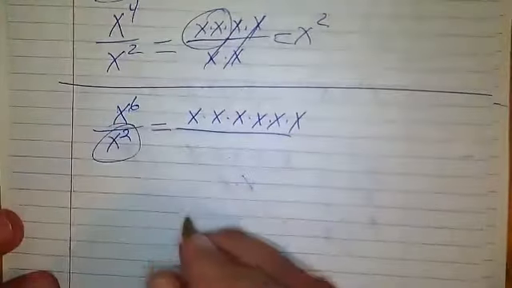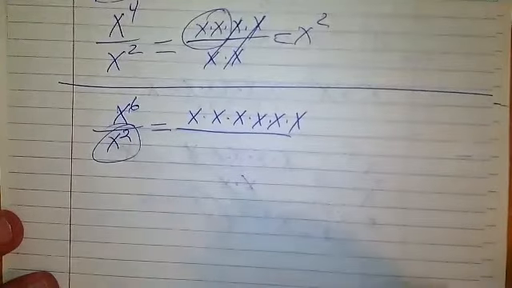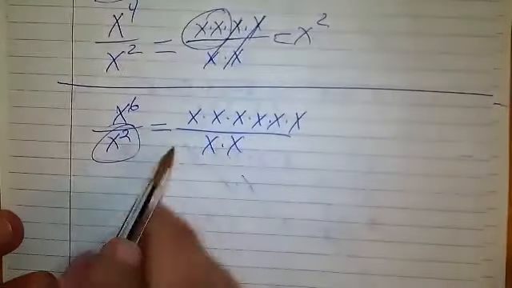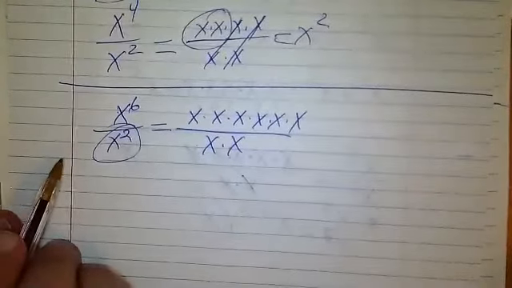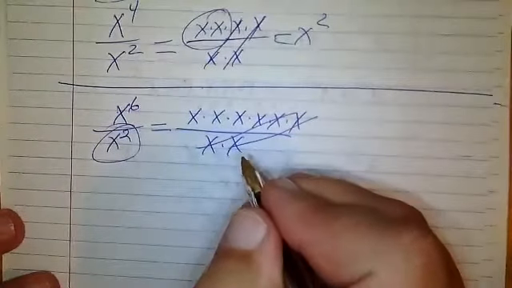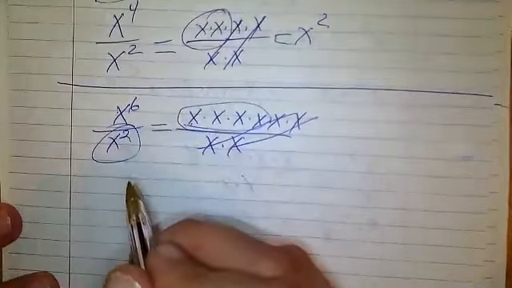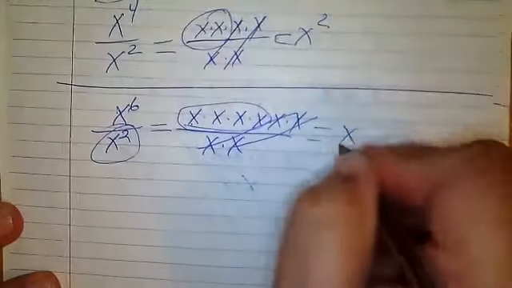And what does x to the 2nd mean? It's just 2 x's, right? So what can I do with these x's to get rid of them? I can cross cancel. Good, Esteban. Good job. So now how many do I have left on top? 4. So I'm going to have x to the 4th.